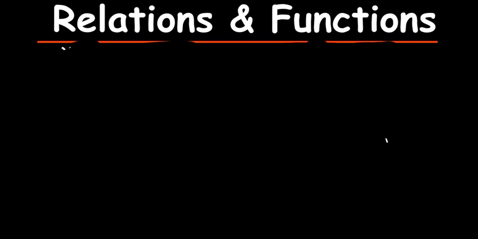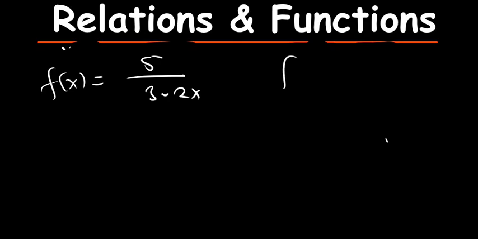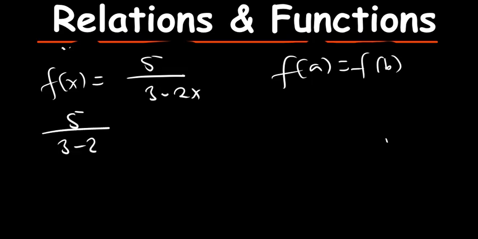Let's say you have f of x being equal to 5 divided by 3 minus 2x. For you to prove that a function is one-to-one, f of a should be equal to f of b. Where there is x, I'll say 5 divided by 3 minus 2a should be equal to 5 divided by 3 minus 2b.